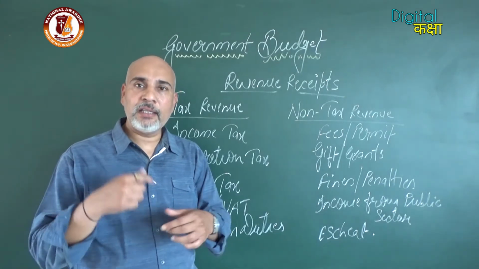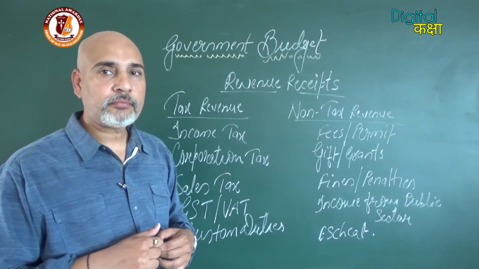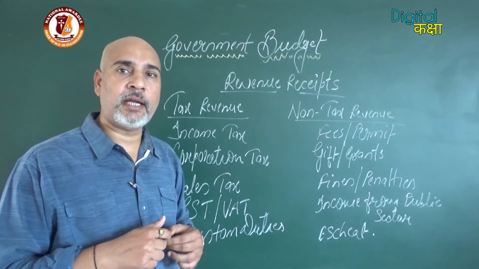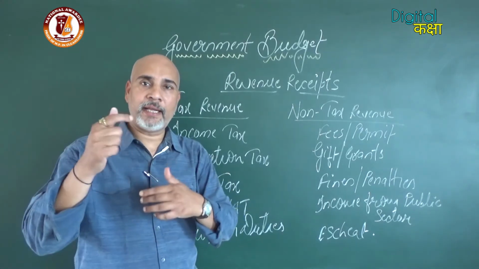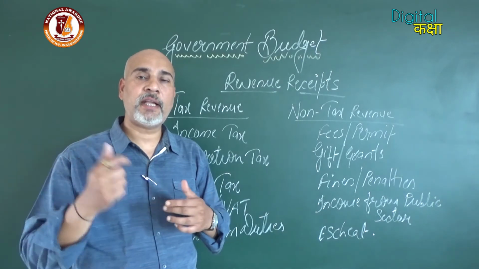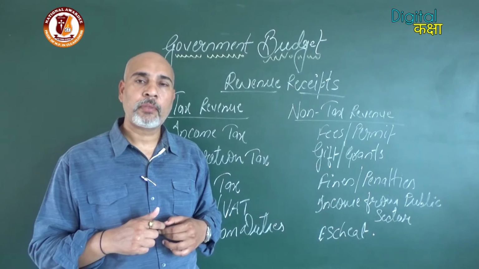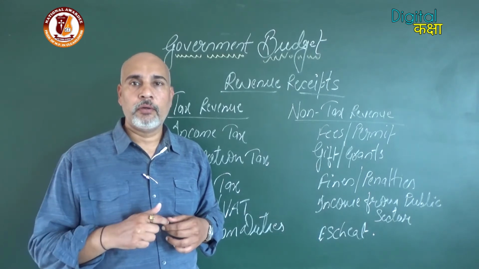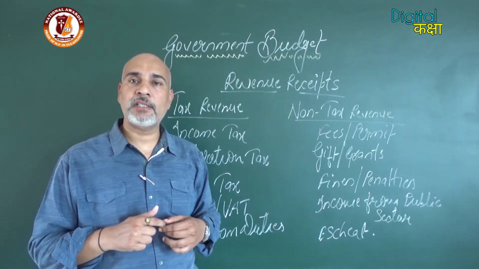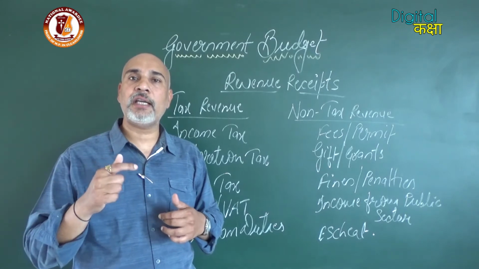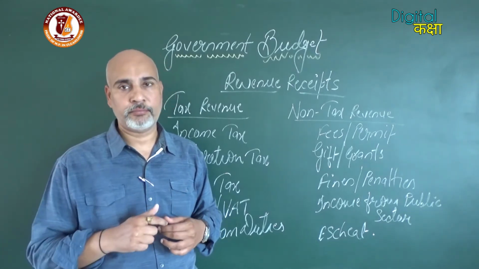Okay, another category of taxes, especially those imposed on income, are progressive tax, regressive tax and proportional tax. Now progressive taxes are those taxes which increase with the increase in income.